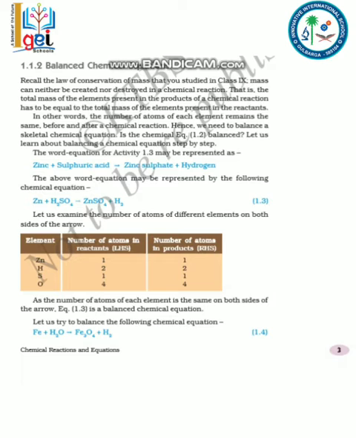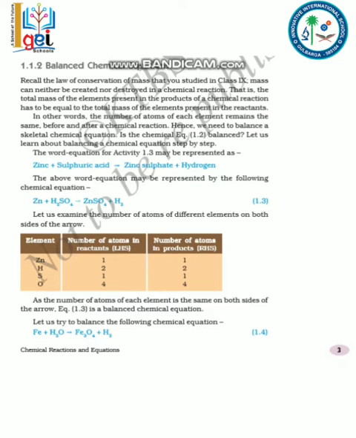If you react zinc with sulfuric acid, it gives rise to zinc sulfate plus hydrogen as products.